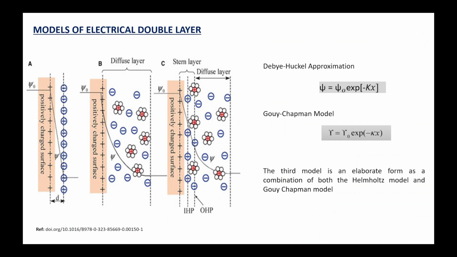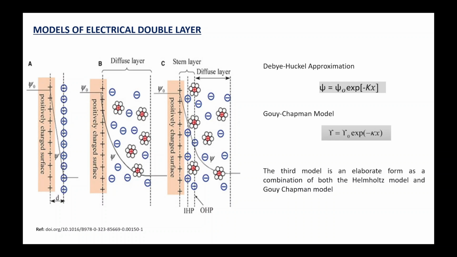I hope you will be able to recollect pictures A and B. The first one represents the Helmholtz electrical double layer, or the capacitor model.